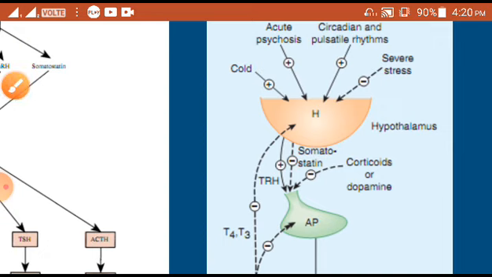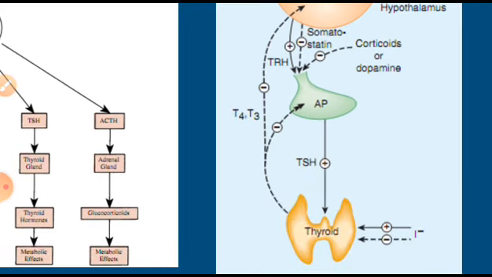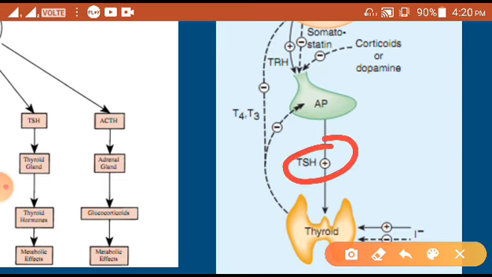So the TRH is released from the hypothalamus, comes down the pituitary stalk to the anterior pituitary gland, and there it causes release of a polypeptide, the thyroid stimulating hormone TSH, right? You can see here this TSH.